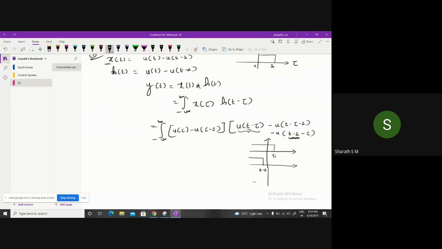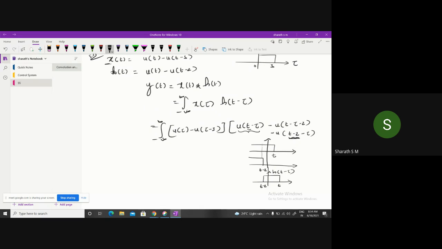Once you subtract these two, this part cancels each other and it remains with only t minus 2 to t. So this is h of t minus 2.